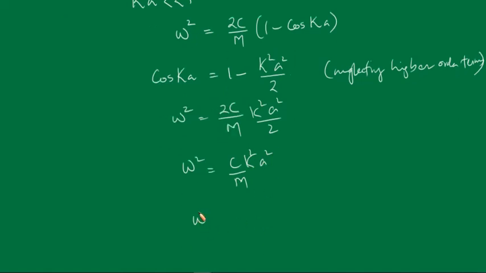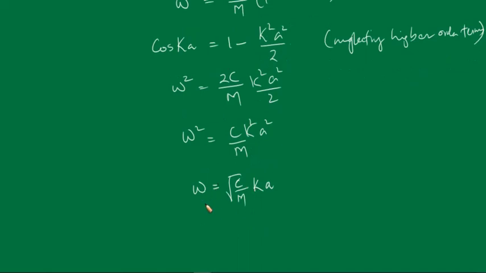So we can say that omega is equal to root of c by m into k a. Here a is the lattice parameter, m is the mass of the atom in the basis, and c is the force constant of the atom.